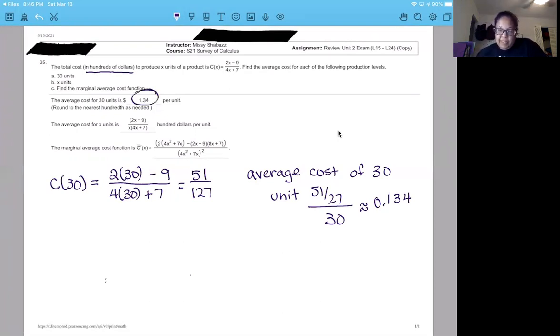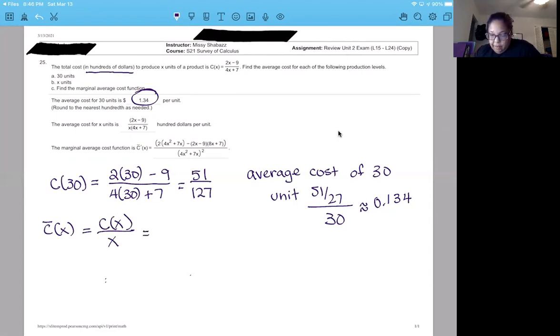The next is part B, is to find when there's x amount of units. So we're going to do the exact same thing, right? What we did was we plugged in 30 and then we divided by 30. Well, to find the average cost function, I'm going to take my cost function and divide it by the number of units, which is x.